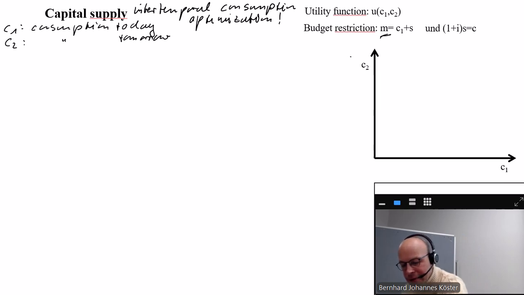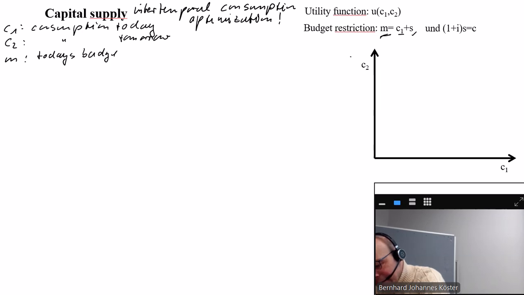So M is our budget today, C1 is consumption today, and S is our savings today.